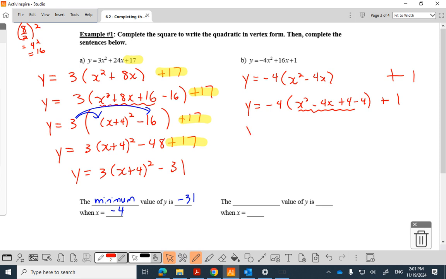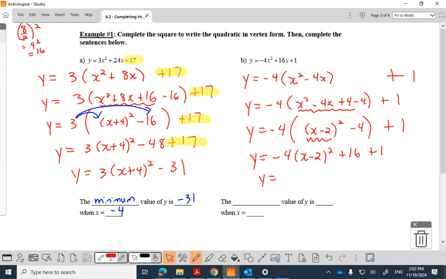So this thing factors as x minus 2 squared. All I've done is replace that trinomial with a perfect square. Then multiply the -4 back in. -4 gets multiplied by the brackets, gets multiplied by the number, and the party's over.